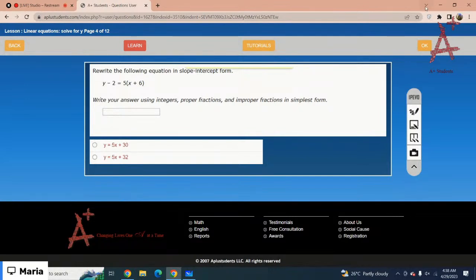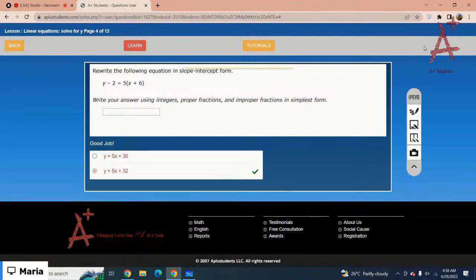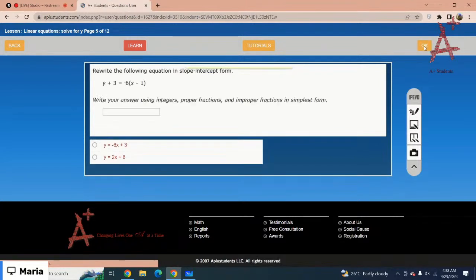The second option is the correct option. Okay, next: y plus 3 equals negative 6 times x minus 1. So which is the correct option? Option number 1 is the correct option.